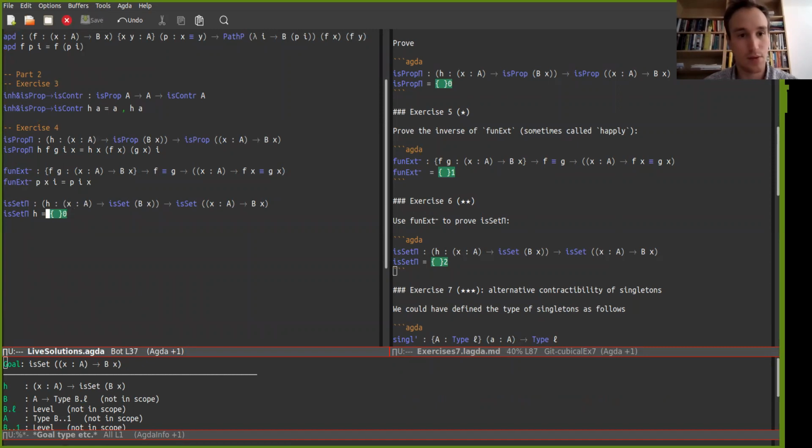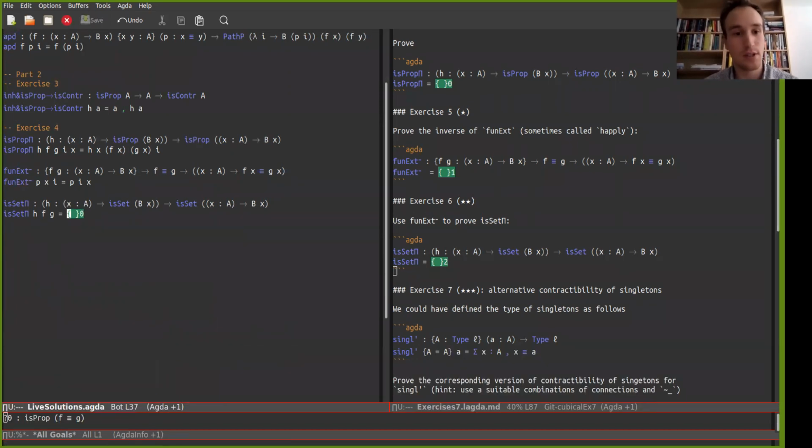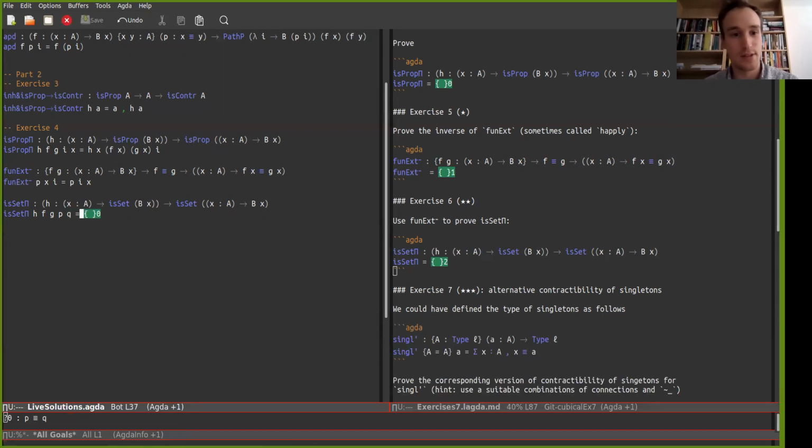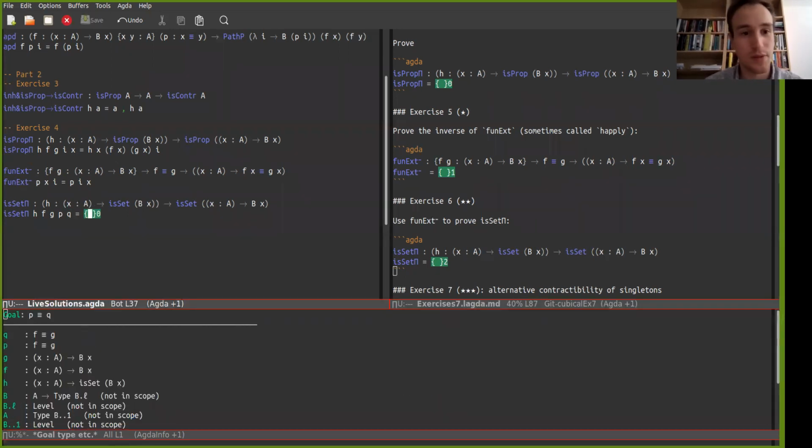So what needs to be a set is that if we have two dependent functions f and g, then the path type is a proposition, right? So if we have p and q, paths between f and g, then we want to prove that p and q are equal. And the hint was to use fun x minus to prove that.